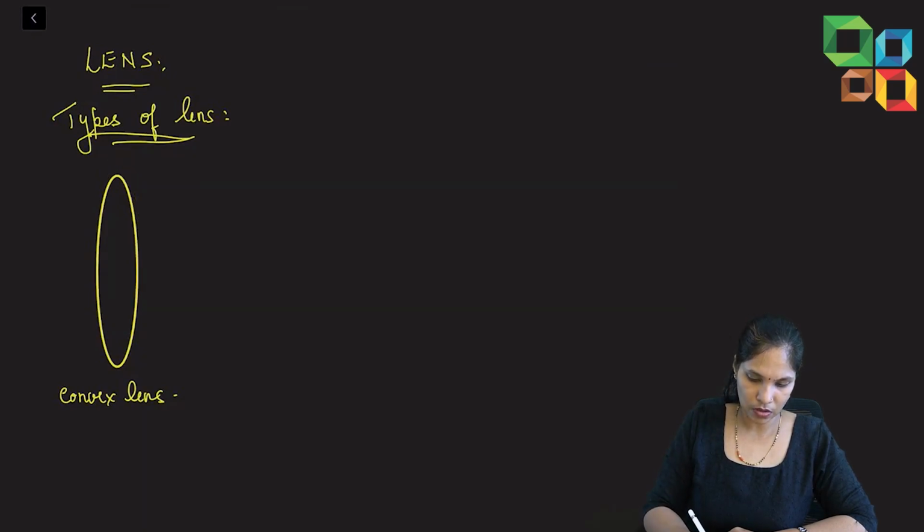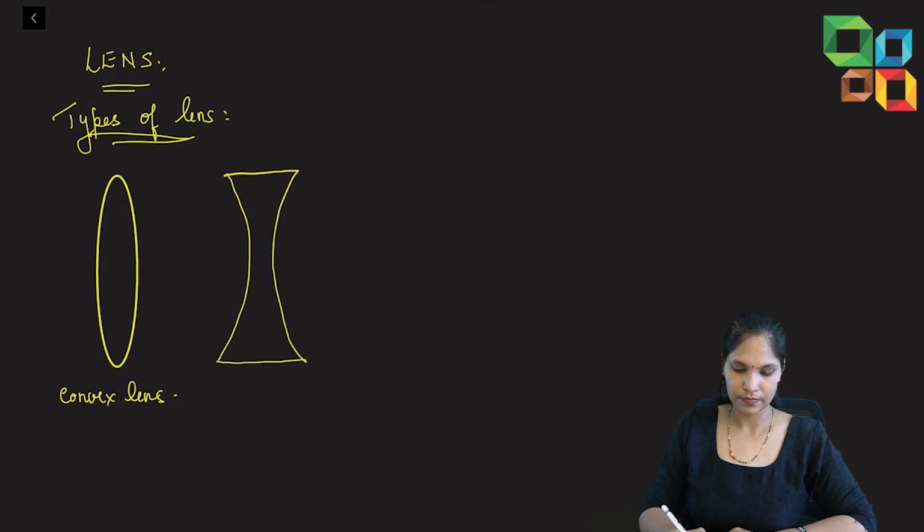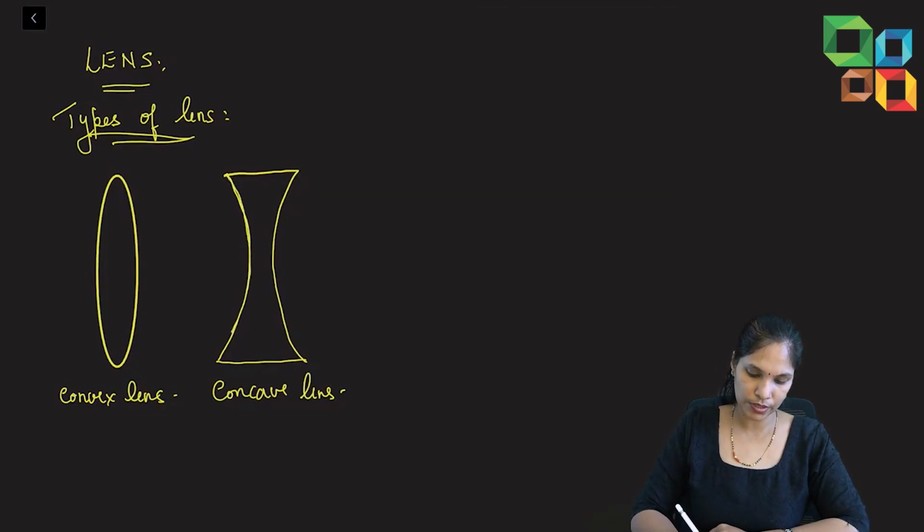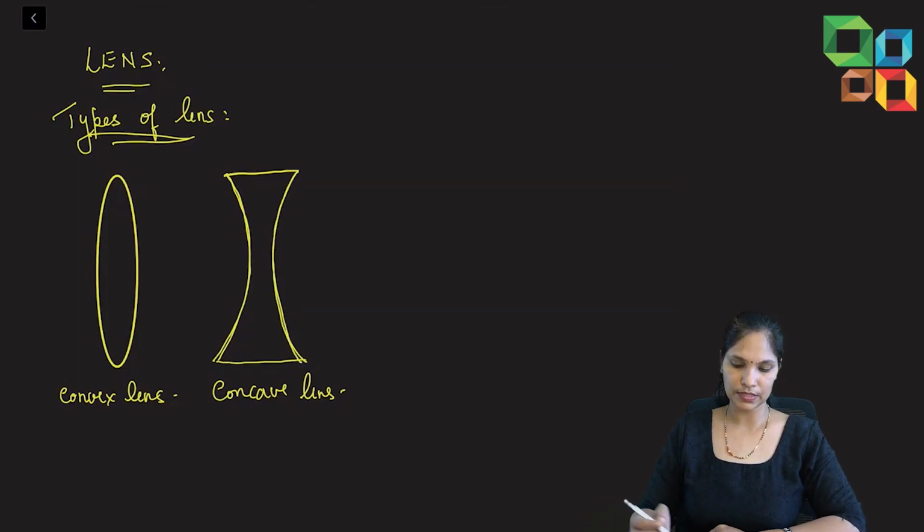Second one is the concave lens. This type of lens, we call it a concave lens. Here also you can see there are two curved surfaces, one over here and one over here.